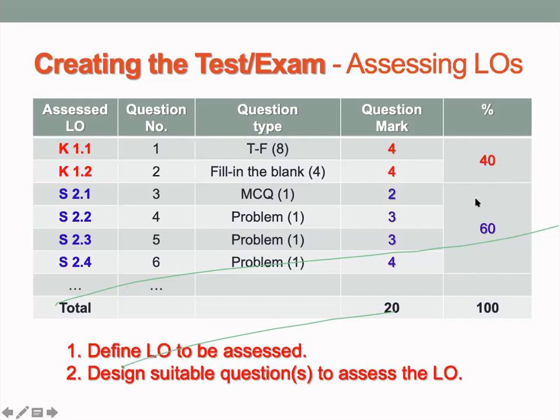The low level should have more knowledge. But it depends on your course. Okay, so this is it. But the most important thing again is to first define your LO, the LO we're going to assess, and after that decide on a suitable question.